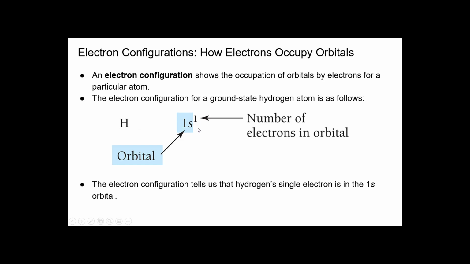So 1s1 is how we say this. If this was a 2, it couldn't be hydrogen because hydrogen can only have 1 electron, but helium can hold 2, so it would be 1s2. This electron configuration tells you how many electrons, where they're located, and what level they are. So we're going to start expanding on this.